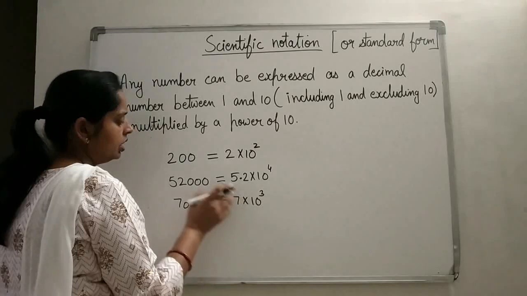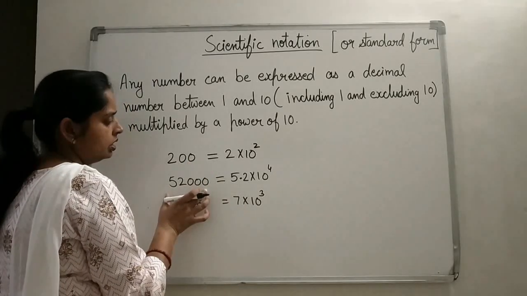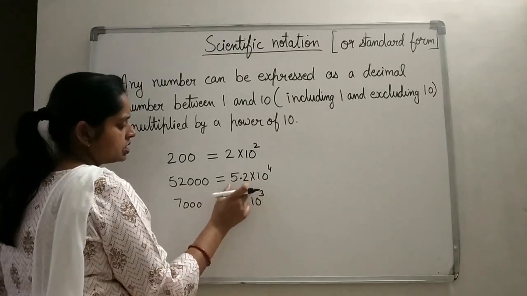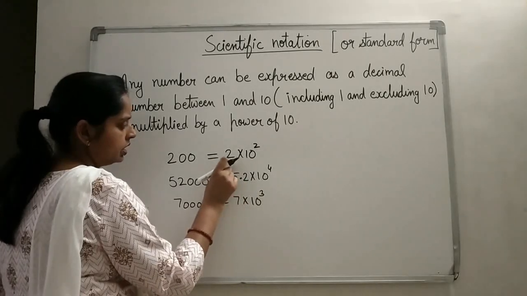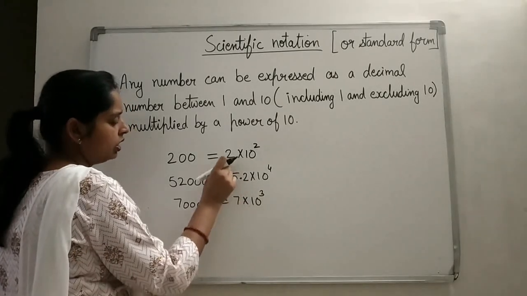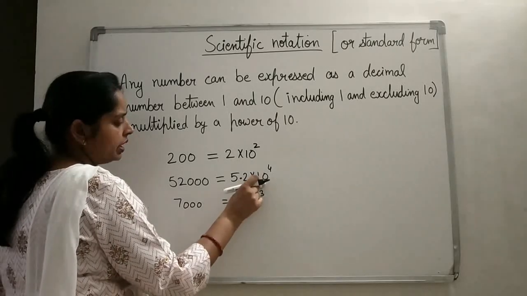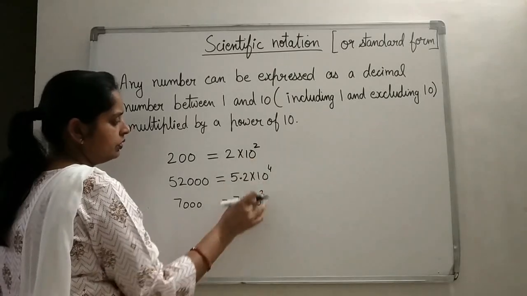So you can see that any number can be written in a form such that the number lies between 1 and 10, and it is multiplied by a power of 10.